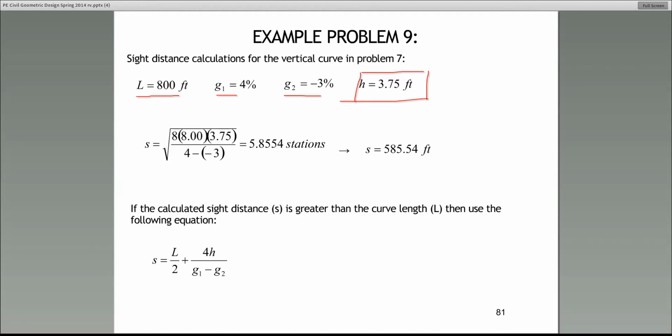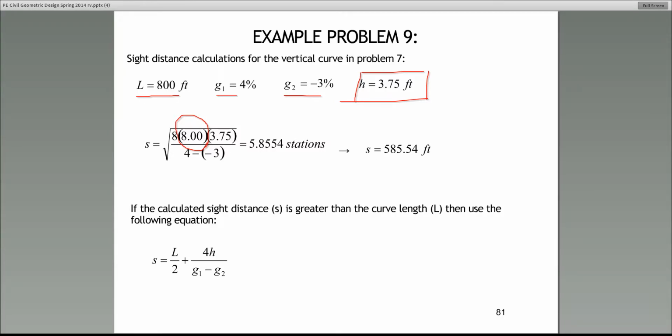You substitute everything in here, but I have to point out something very important to you. In this particular equation, the length of the curve is expressed in terms of stations. Please make a note of that. So if it's 800 feet, you use 8 in here.